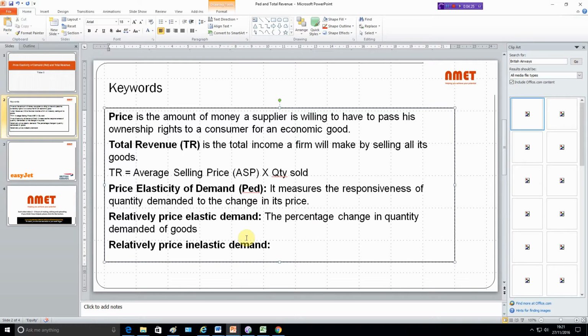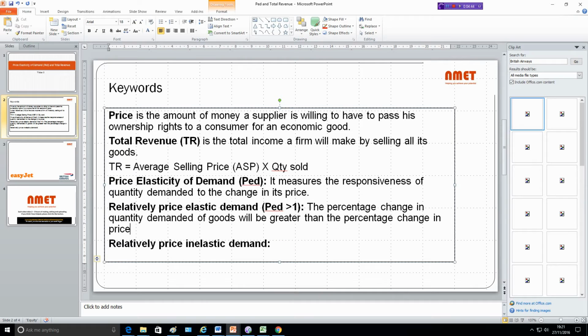Well done. So PED is greater than 1 in this case. The percentage change in quantity demanded of goods will be greater than the percentage change in price. And for relatively price inelastic demand, PED is less than 1.